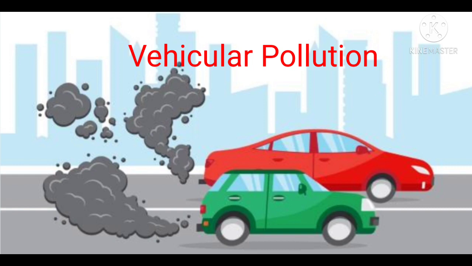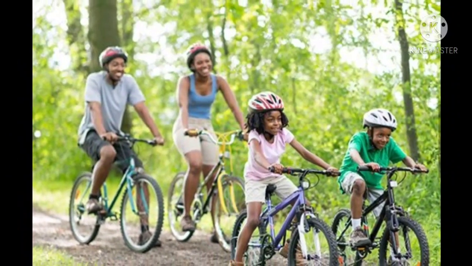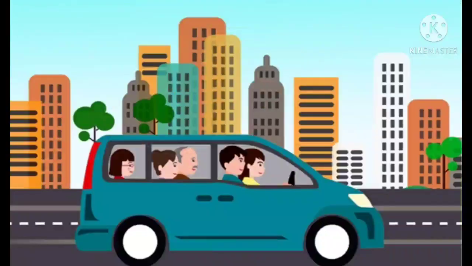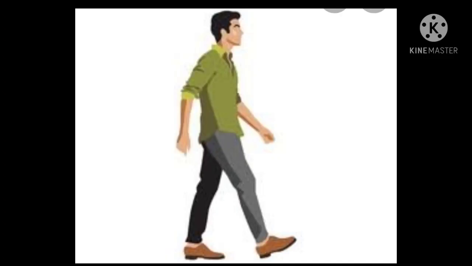So the reduction of ozone in the atmosphere can be controlled by reducing vehicular emission. This can be done by opting for greener means of transport, like bicycles, public transport, carpooling, walking, etc., so that vehicular pollution can be reduced.